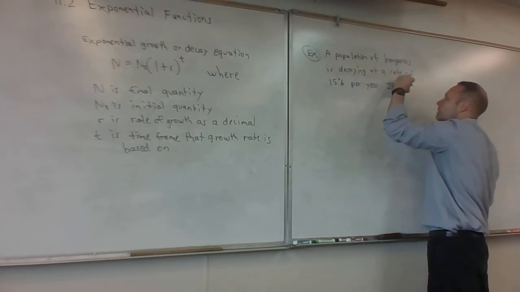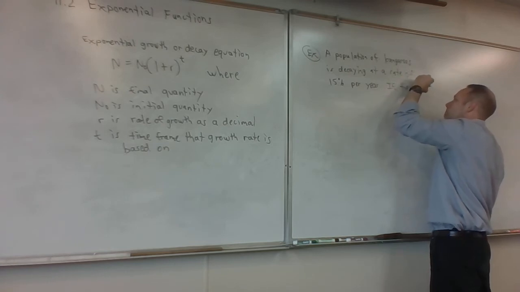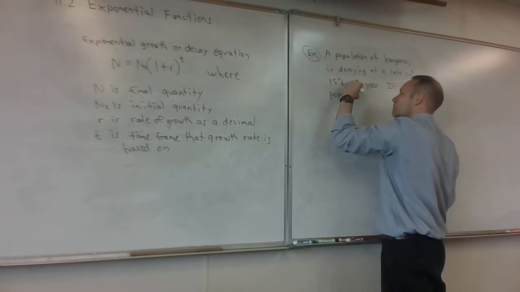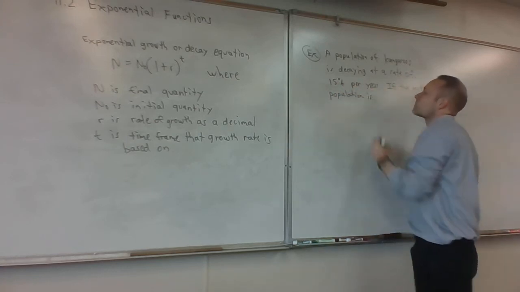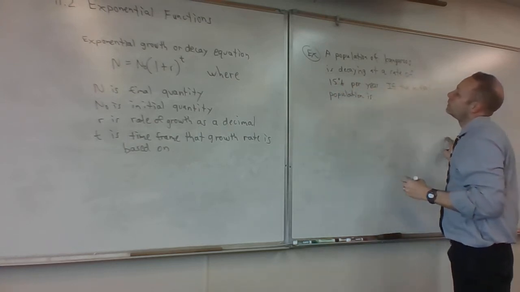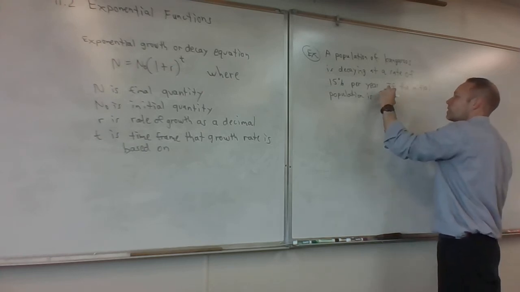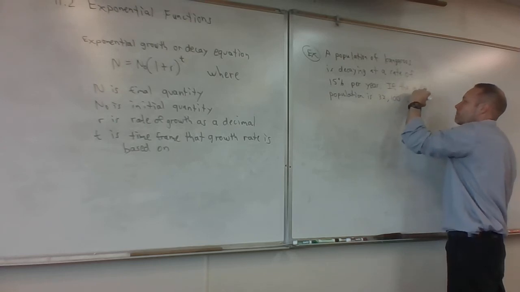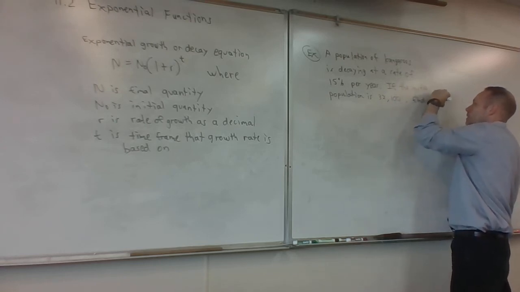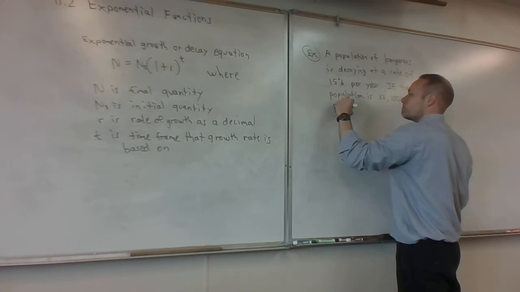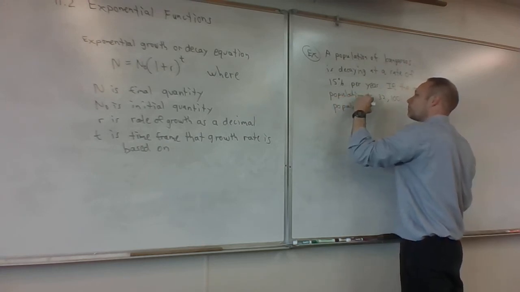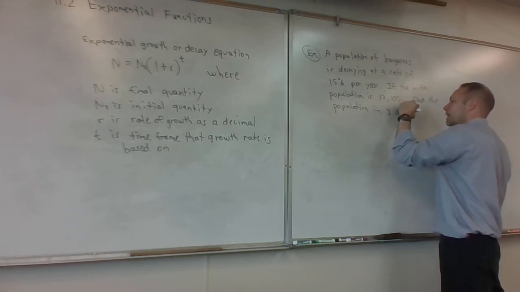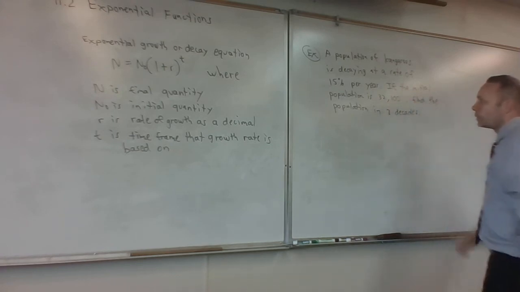If the initial population is, let's go with 32,100, find the population in 3 decades. All right, we'll go with that.